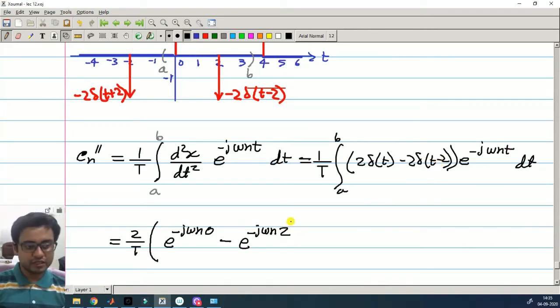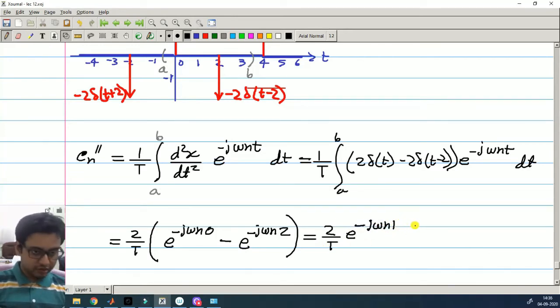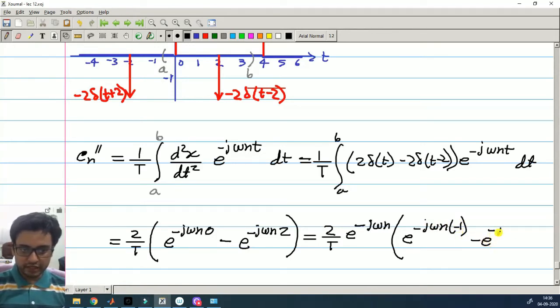Okay, now you may simplify this a bit by taking e to the power minus j omega n 1 common, like this. It becomes e to the power minus j omega n minus 1, then minus e to the power minus j omega n plus 1.